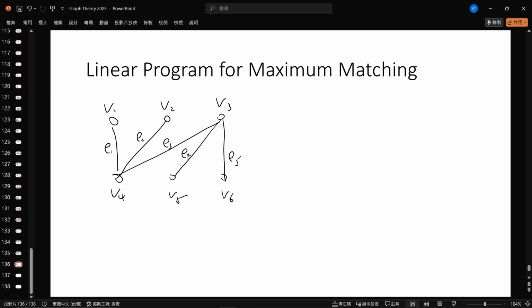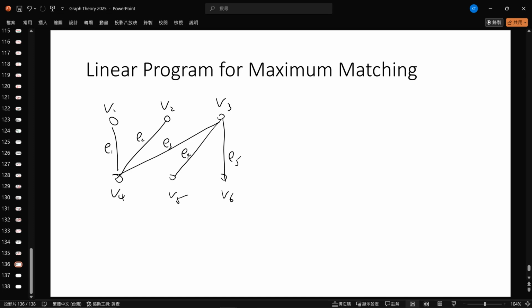I said the first step is always to decide the variables. So what are the variables? In the problem of maximum matching, we need to decide for each edge whether we should choose it in our matching. So for every edge, we will create a corresponding variable. In particular, this will be a binary variable: if it's 0, this edge is not chosen.